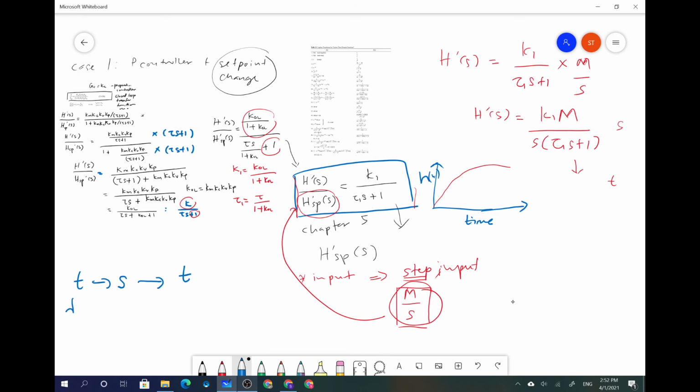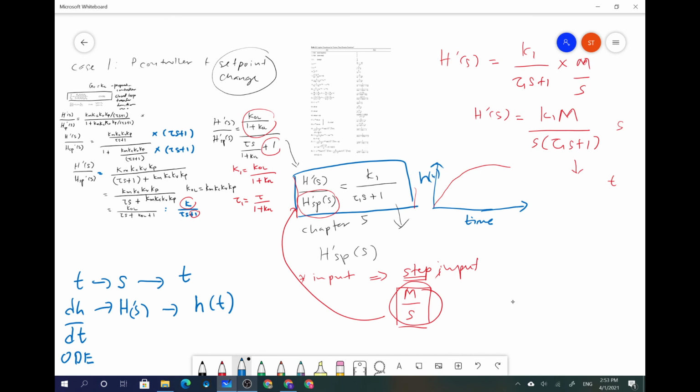It starts with dH over dt, then we convert it into a transfer function, and we convert back into a time domain, which is h(t). So Laplace is one of the methods to solve this ordinary differential equation.